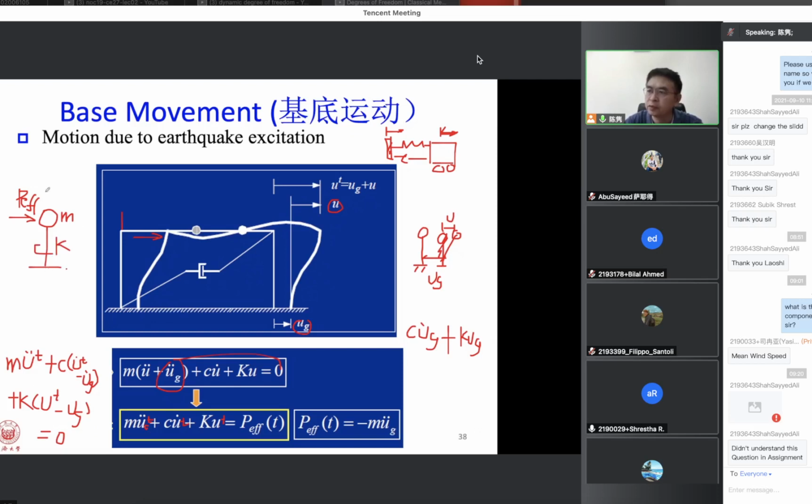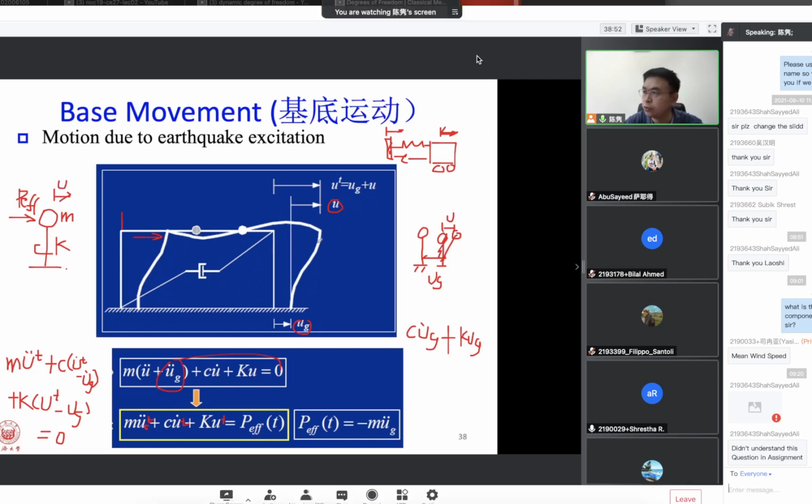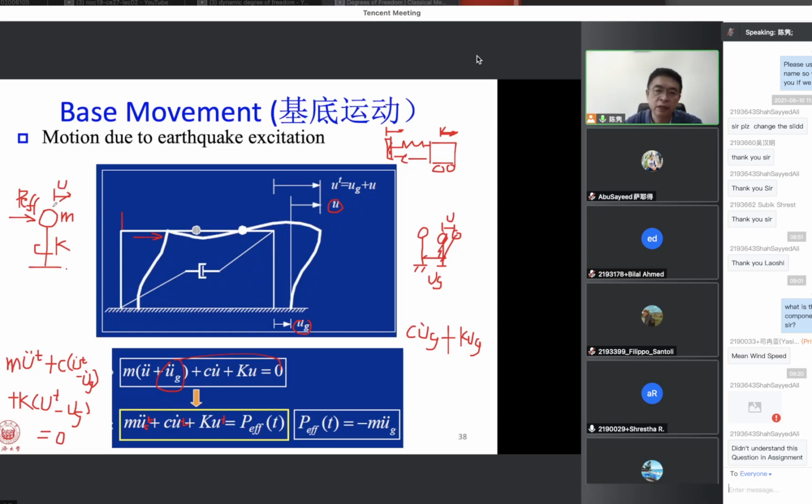If we use this equivalent force, applying it to this mass, then we can calculate the response of this mass due to this equivalent force. You can get U, the relative displacement. So you don't need to show the effective force here.